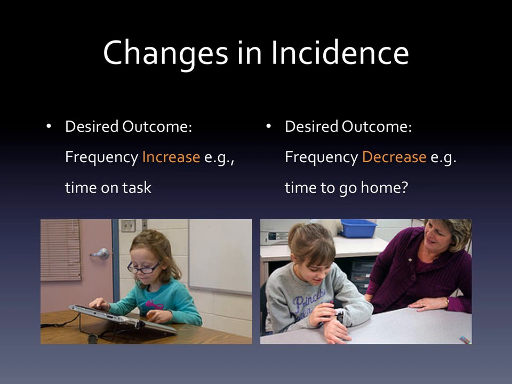In some situations, we may want our student to decrease the frequency of a behavior, such as repeatedly asking, "What time do I go home?" So again, I'm just going to give you a minute to see if there might be a situation that you might want to share with our group where progress was focused on changing the frequency of the behavior.